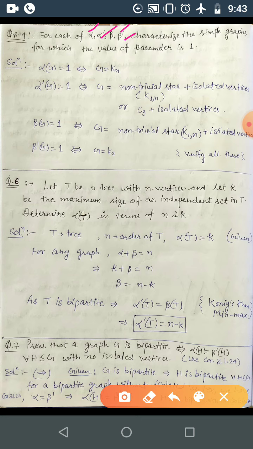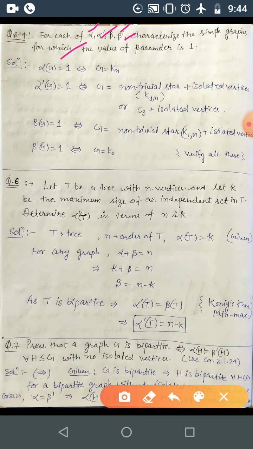Okay, so alpha is equal to 1 when the independence number is 1. Independence number alpha is equal to 1 in all those graphs where you have only one independent vertex. Whenever you have another vertex, that will be depending on this one.